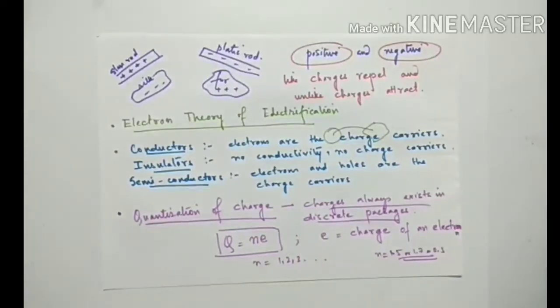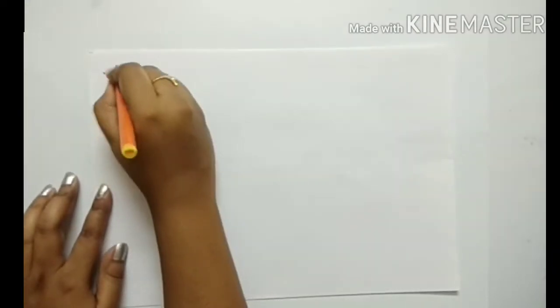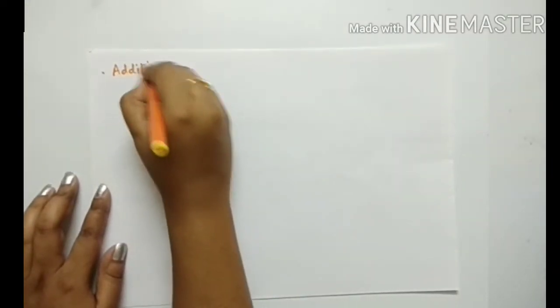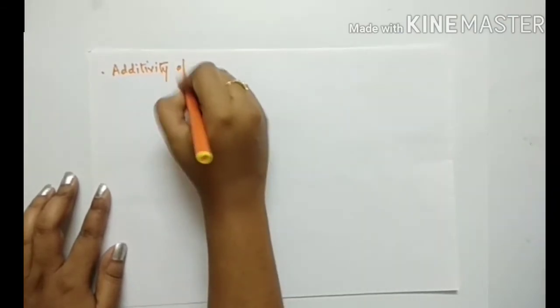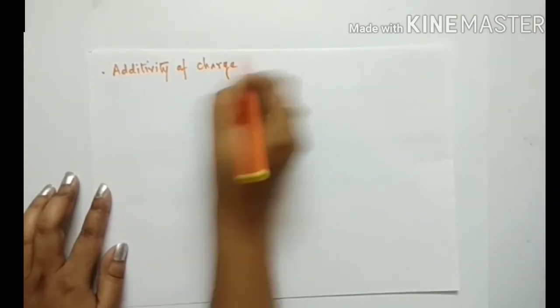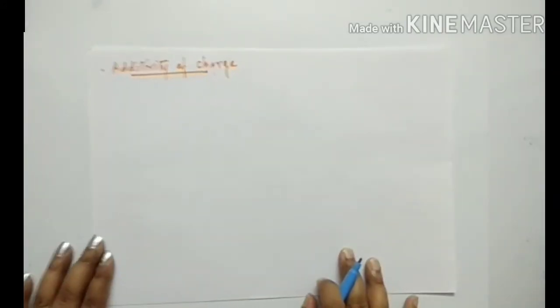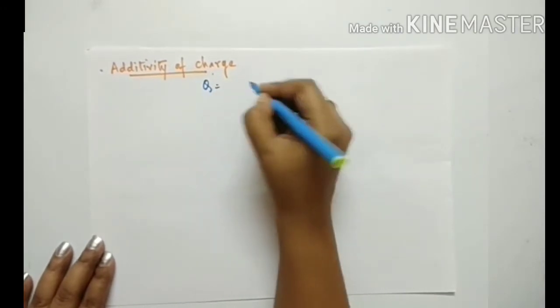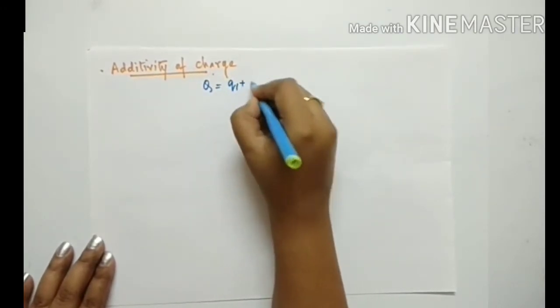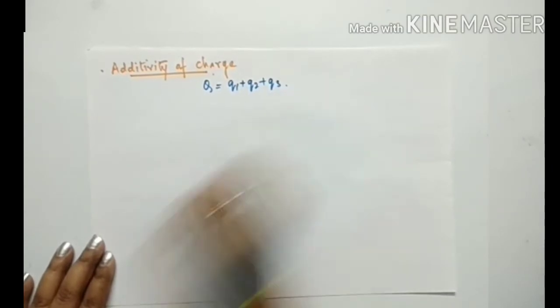Another important property is additivity of charge. You know, charge is a scalar quantity. So the total charge of a system is the sum of the different individual charges.